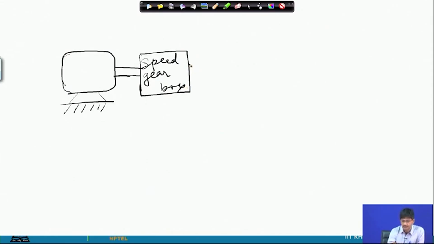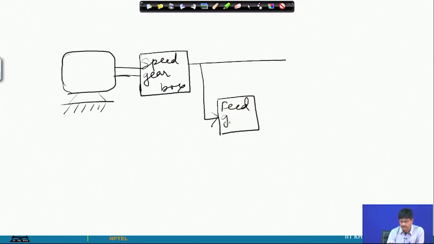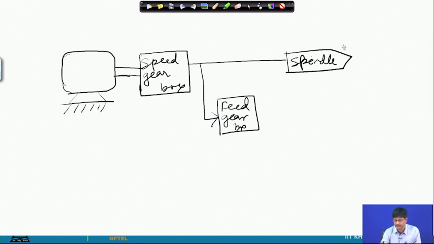From the speed gearbox, we had a bifurcation. Power was going this way and it was serving the tool. So, this is called feed gearbox, and this is the spindle. Here I have the part.